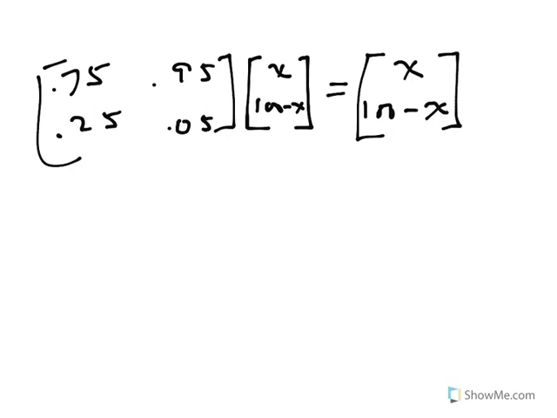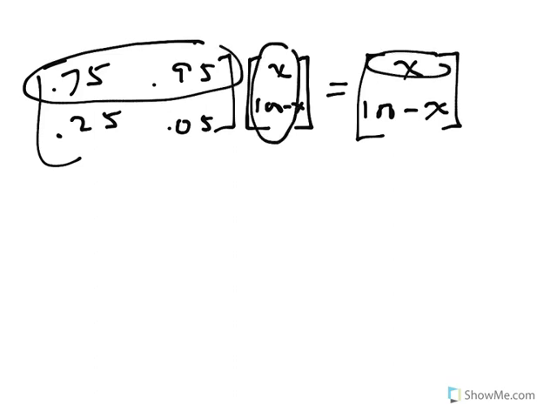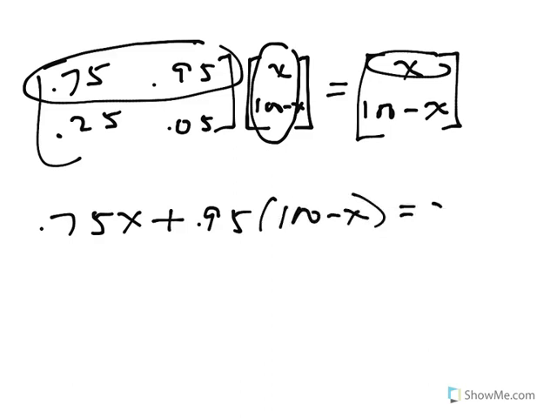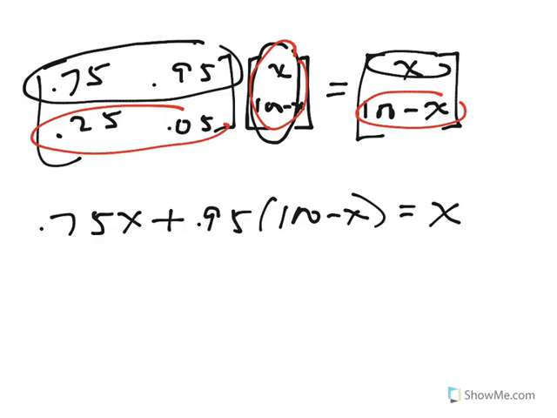We could do this pretty easily actually. If I take this row and this column and multiply them together the way we do with multiplying matrices, we get 0.75x plus 0.95 times 100 minus x is equal to x. You could use the other row too if you wanted to, but you don't need to.